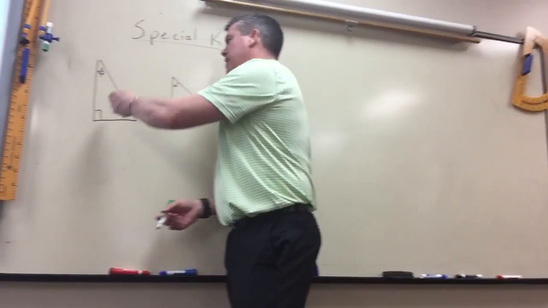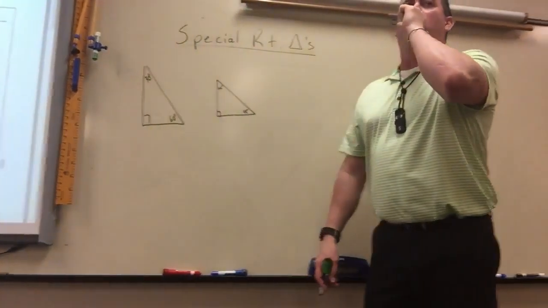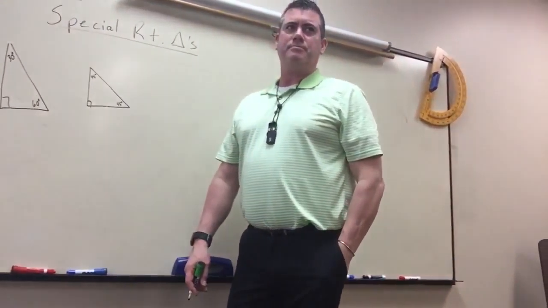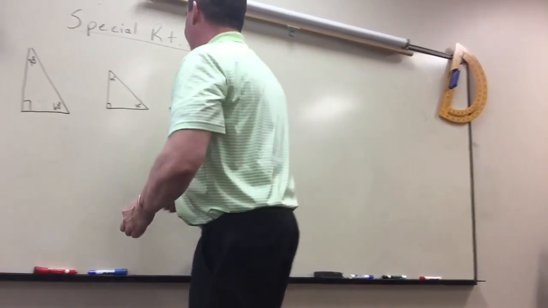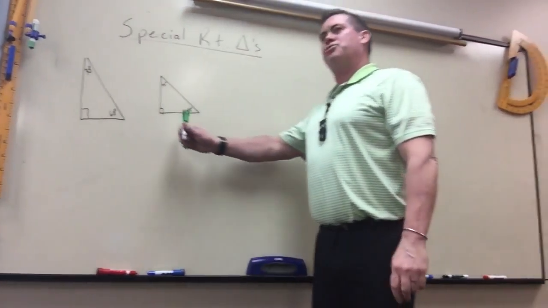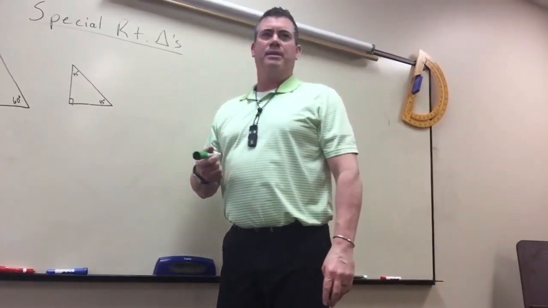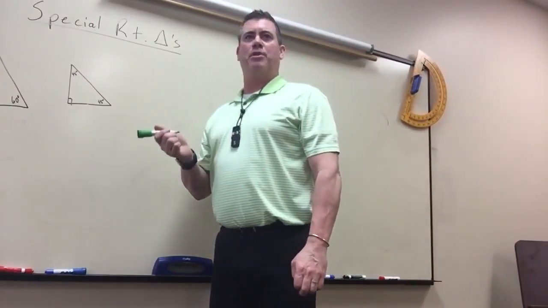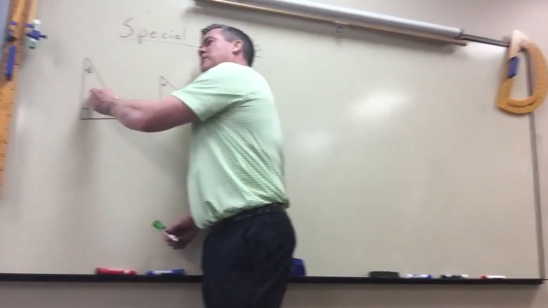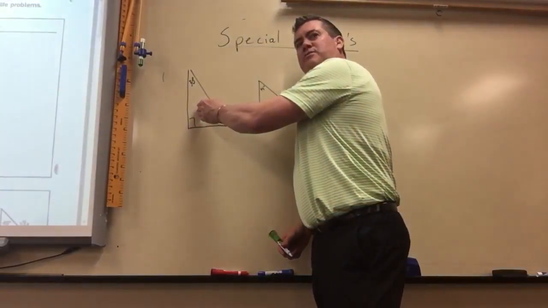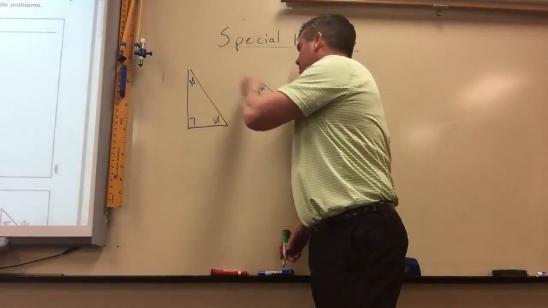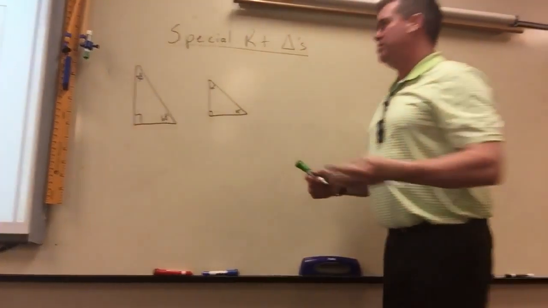Tomorrow we don't have class, so next week we'll do the 30, 60, 90. There are shortcuts for these, although you don't need to use them. It just makes it a lot quicker if you remember them. For the 30, 60, 90, when we get to it, you have to know the shortcuts, or else you won't be able to solve them. For the 45, 45, you really don't need to.